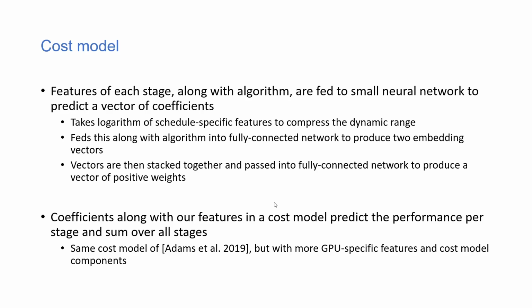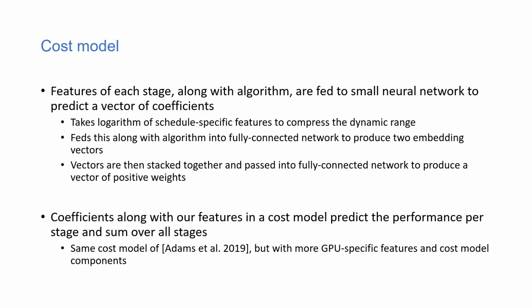But well, at least they mentioned that they take the logarithm of the scale-specific features to compress the dynamic range, and they feed it into a fully connected network to produce the embedding vectors, and after that they are stacked together into more fully connected networks to produce a vector of positive weights. And the coefficients along with features in the cost model predict the performance per stage and the sum over stages. And yeah, it's the same cost model as Adams 2019, but with more GPU specific components.